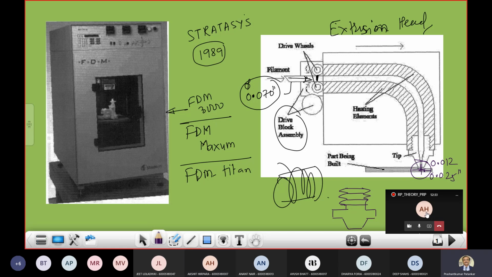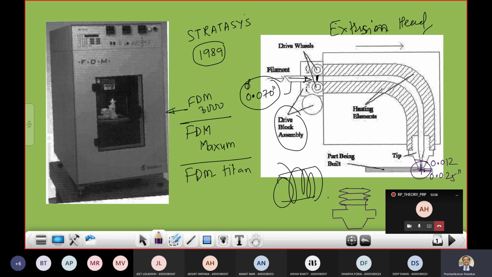You mean to say which is faster? Yes sir, where you can save more time. See, this particular technique, FDM's speed is comparatively lesser in comparison to your LOM.